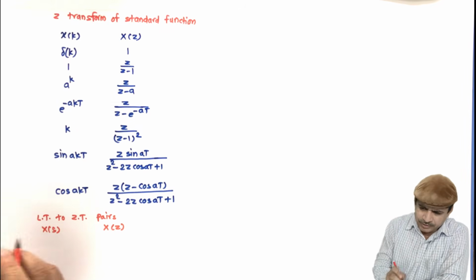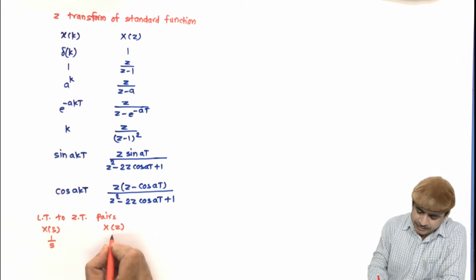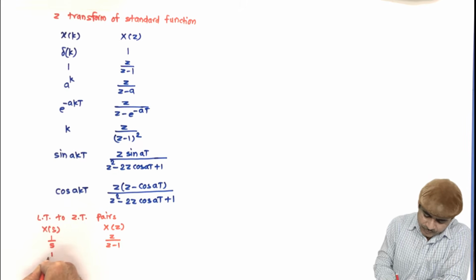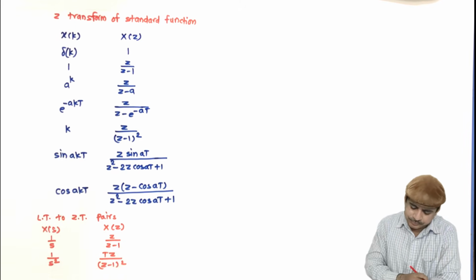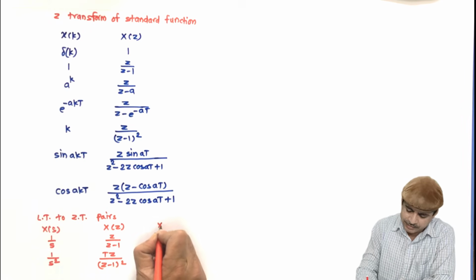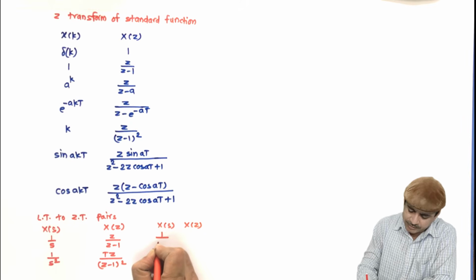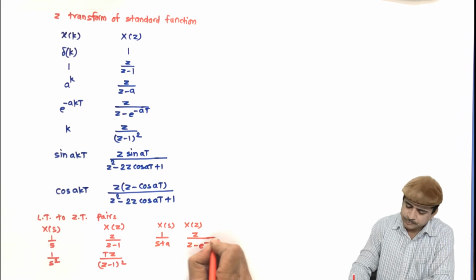I will take only three cases which are always useful. 1 by s has Z transform z upon z minus 1. 1 by s square has, here T also comes, T z upon z minus 1 square. If x of s is 1 upon s plus a, then its Z transform is z upon z minus e raised to minus aT.